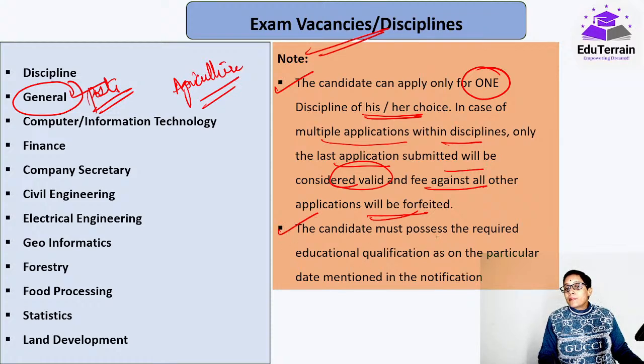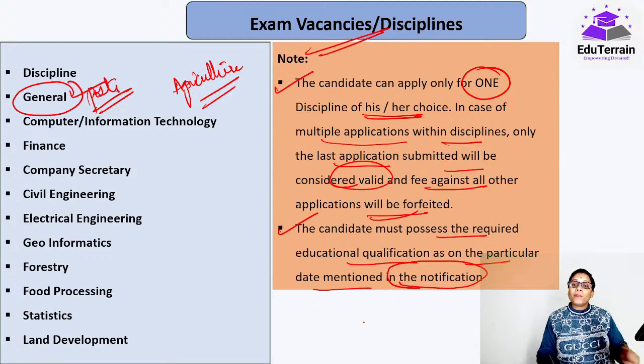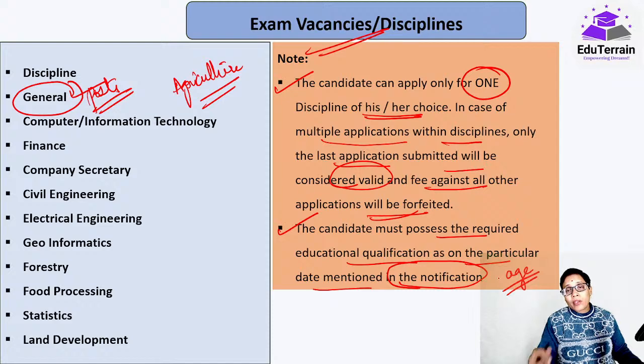So the candidates must possess the required educational qualification as on the particular date that is mentioned in the notification. Also, as on that particular date mentioned, the candidate also has to have the required age as well. Okay, so they mention all these details in the notification itself.